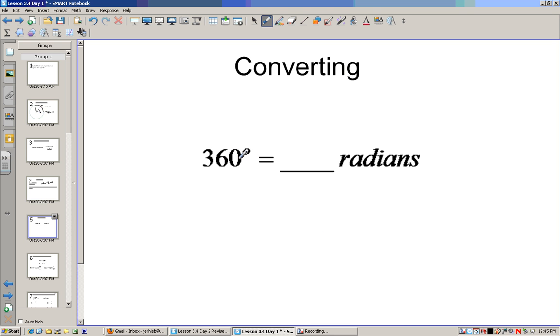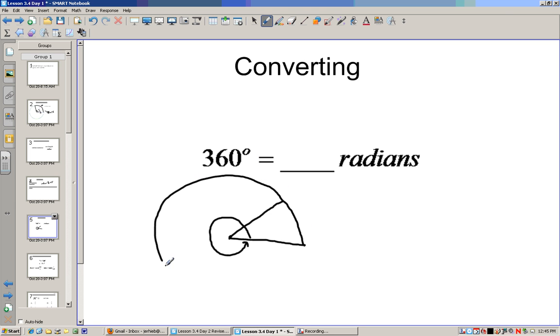Now, 360 degrees, we want to figure out how many radians that is. Well, 360 degrees is all the way around a circle. So how many times will one arc length, that's the same as the radius, wrap around a circle?